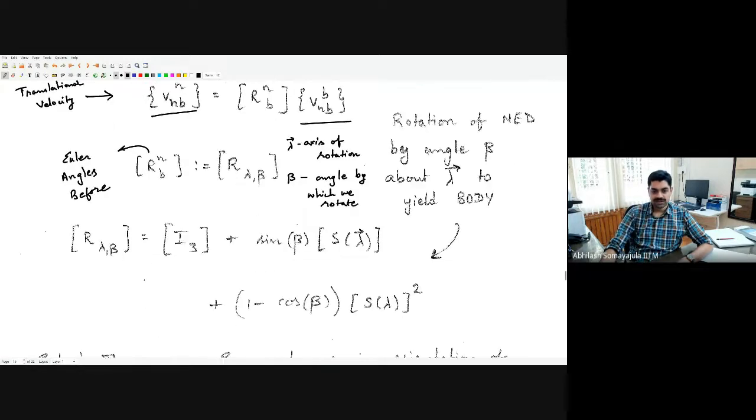In this particular case, I told you that Euler has shown that the rotation matrix, which is parametrized by lambda and beta, can be expressed as the identity matrix plus sine of beta times the skew-symmetric matrix formed by the lambda vector, plus 1 minus cosine of beta times the skew-symmetric matrix characterized by lambda, squared.